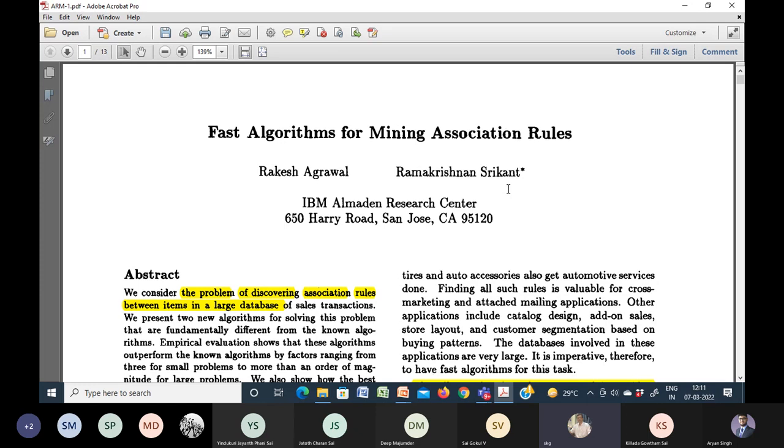Let us look into that algorithm today. We are looking at discovering association rules between items in a large database. For our example, we'll consider items like in a departmental store.